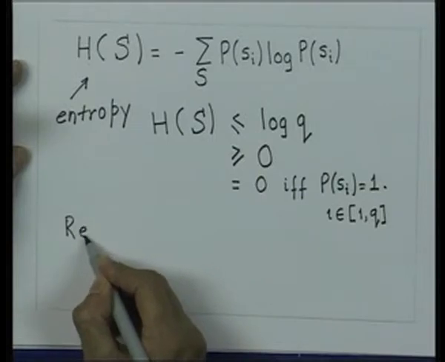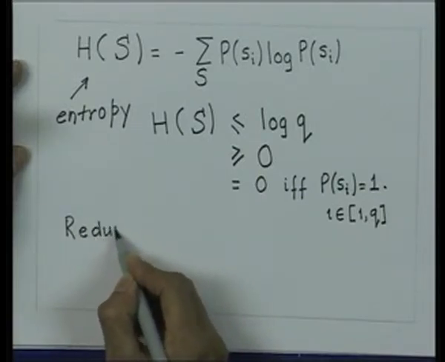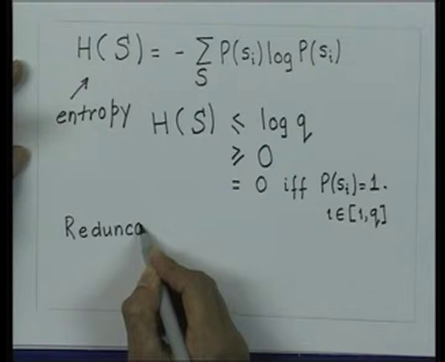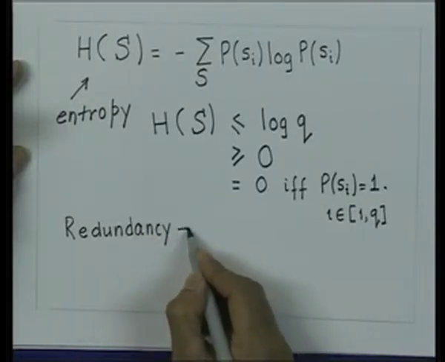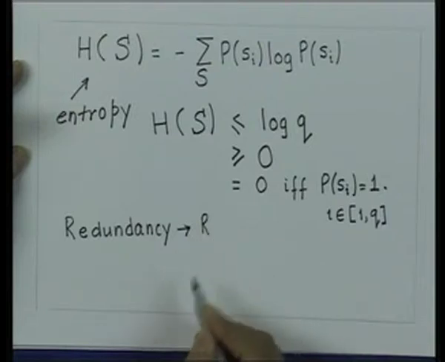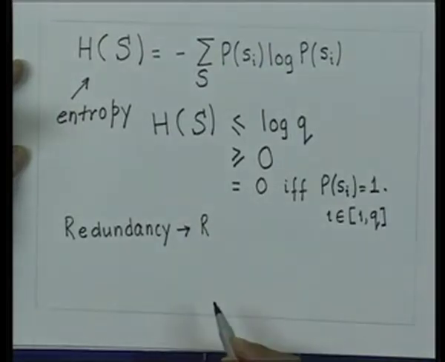Associated with entropy of a source, I can define another quantity that is known as redundancy of a source.